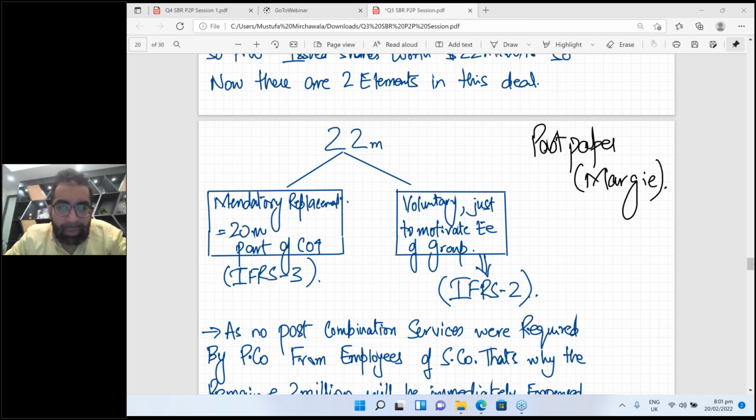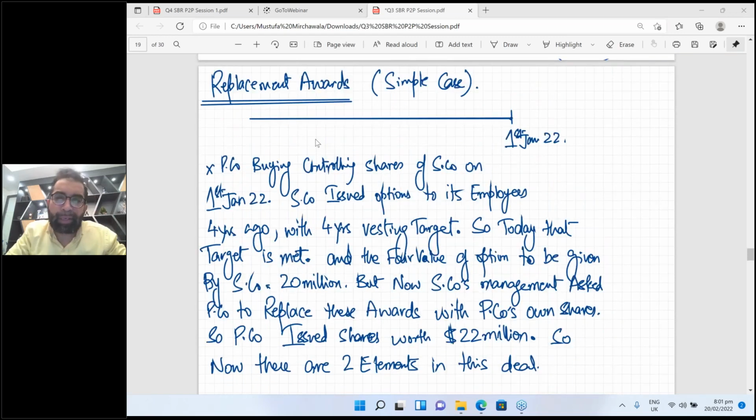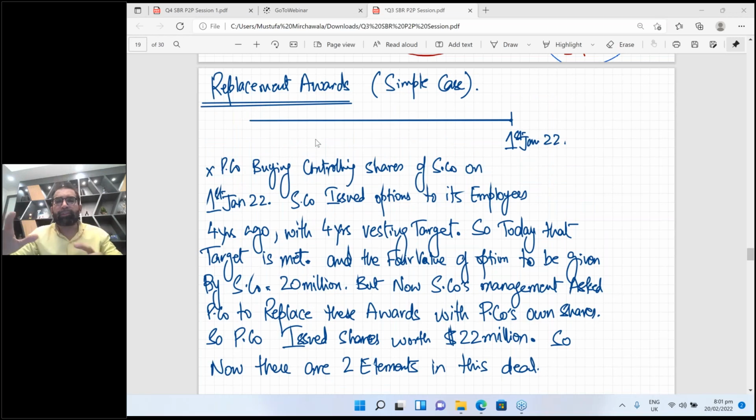Now, yesterday we did question number three, and then we did something of IFRS 2 share-based payment. I discussed that if a parent company issues shares to subsidiary company employees for the purpose of motivation, so that employees work hard for the group, this is simply in the scope of IFRS 2, because the group is giving group shares to group employees in return for service.